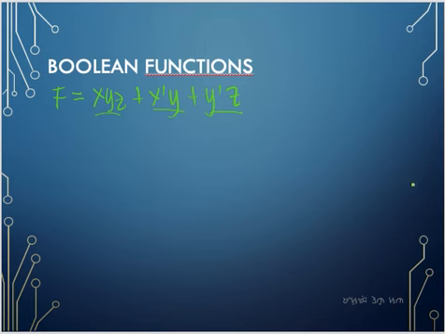Okay, so ganito ngayon ang mangyayari niyan. So if I have here a function, okay, at yung function ko na yun ay merong tatlong terms, at ang bawat term ay sineseparate ng OR gate, ng OR operator.